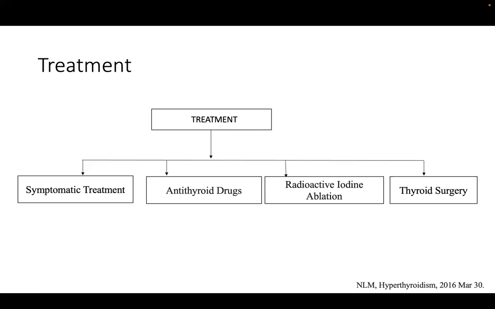In patients where the cause of thyrotoxicosis is Graves' disease and there is a high likelihood of remission, we'll consider them here also. And in cases where surgery and radioactive iodine ablation are contraindicated, we'll go ahead with antithyroid medications.